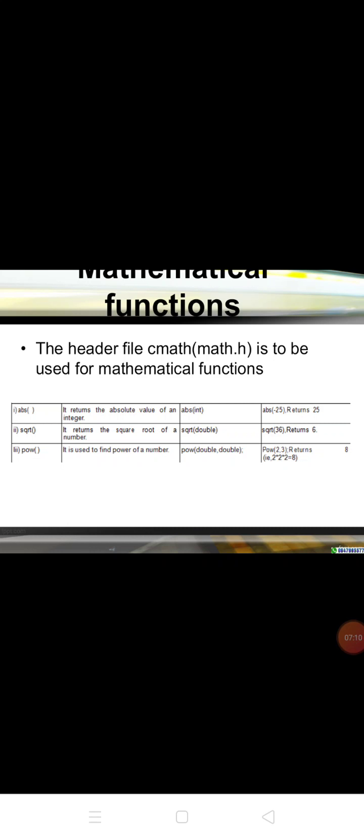Understand? pow is used to find the power of a number. pow(double, double) means two arguments. The first argument is the number and the second argument is the power. pow(2, 3) returns 2 into 2 into 2. The result is 8.